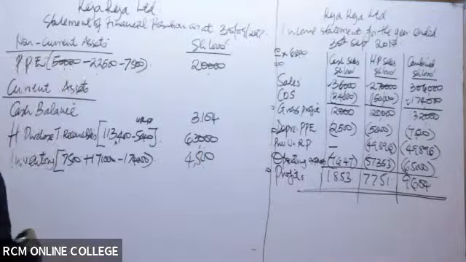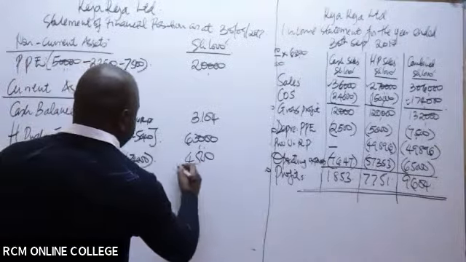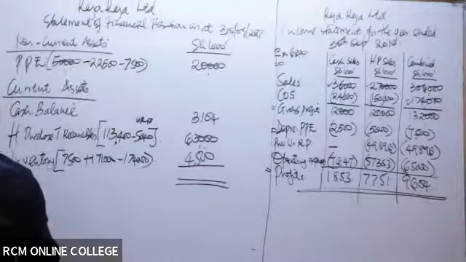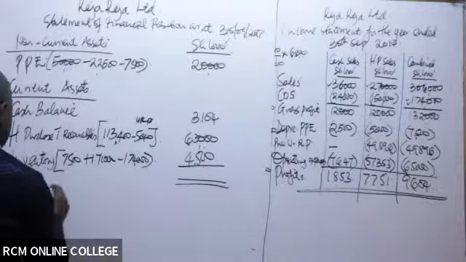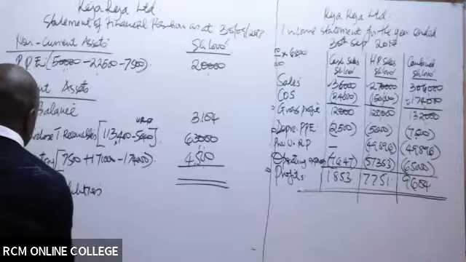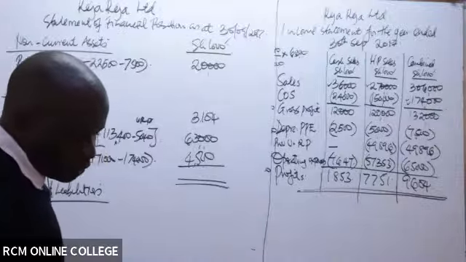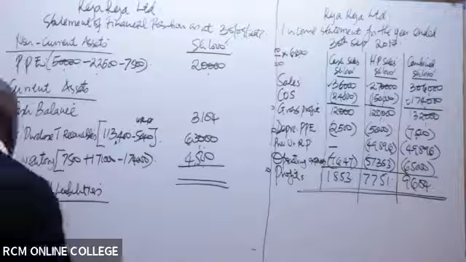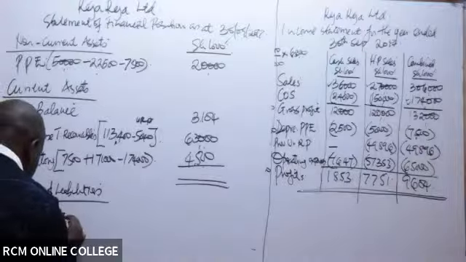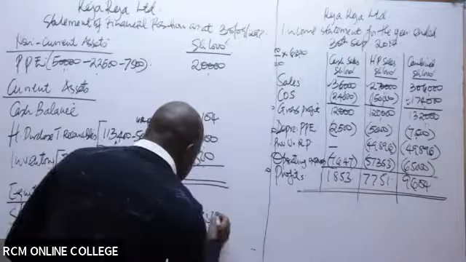Then we can go to equity and liabilities. Equity, and you can get the total here. For equity, if you look at the first item in the trial balance, you've been told share capital of 37,500.